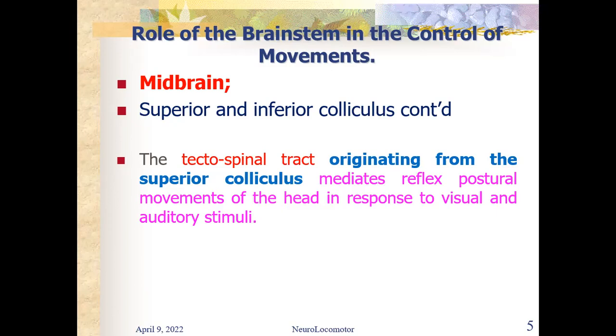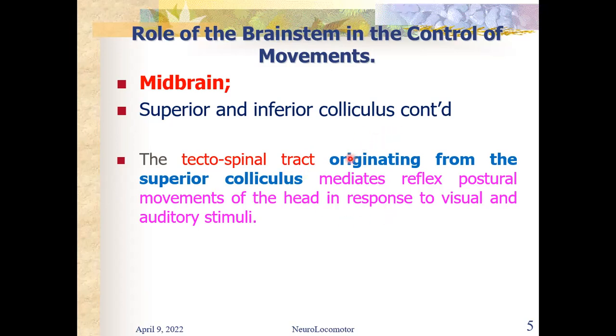We call them the direct pathways. The indirect pathways are those motor pathways that originate from extrapyramidal structures, from the cerebellum, from the red nucleus, from the tectum, like we have seen here, the tectospinal tracts.